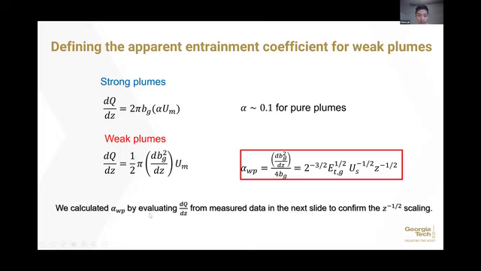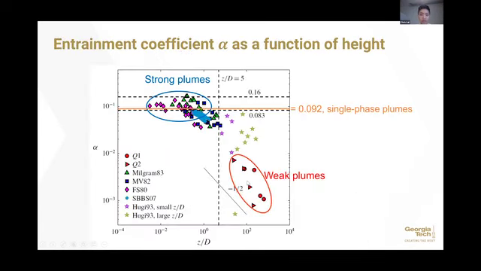So we want to use our data to see if we can recover this z^-1/2 scaling. How we do that is we take the second expression here, so we can calculate the dQ/dz between two different vertical elevations, and then use the formula to back calculate what the apparent entrainment coefficient would be. And this is the result, also appearing in the poster of my talk.